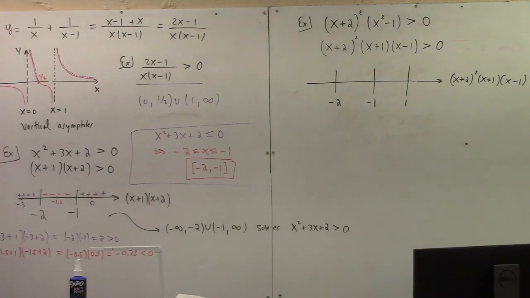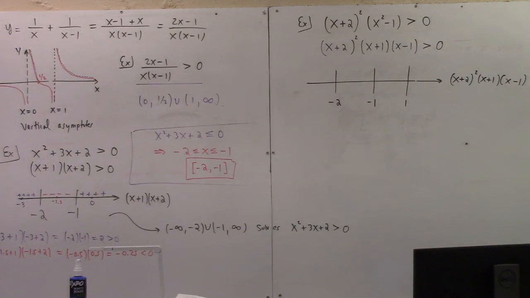So remember, whatever appears in the factorization, the minus of that is the root. It's the 0 we're looking for here.